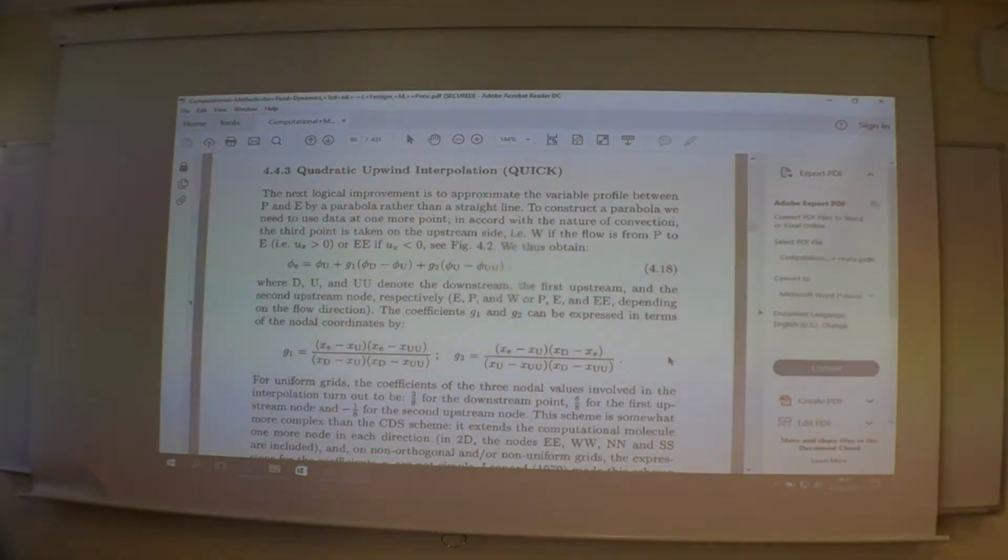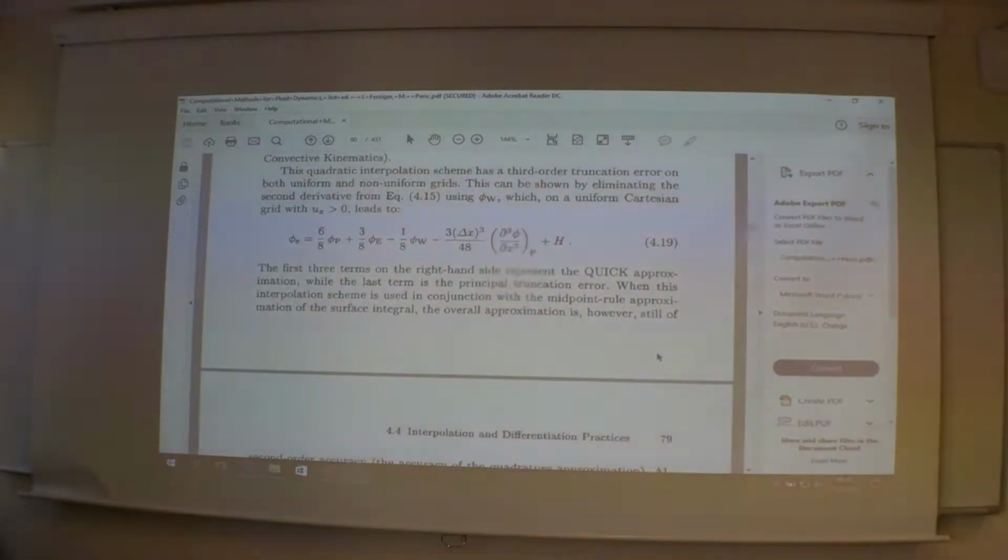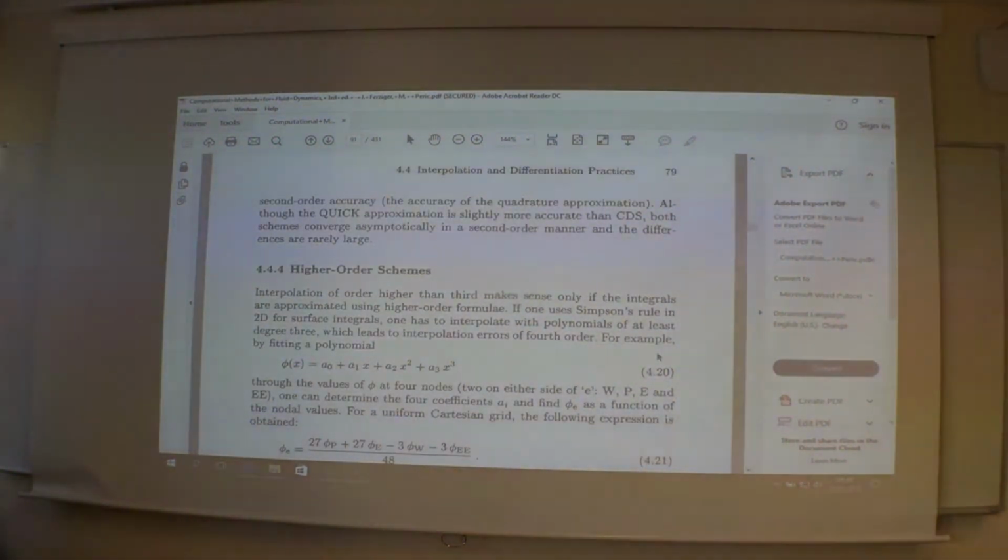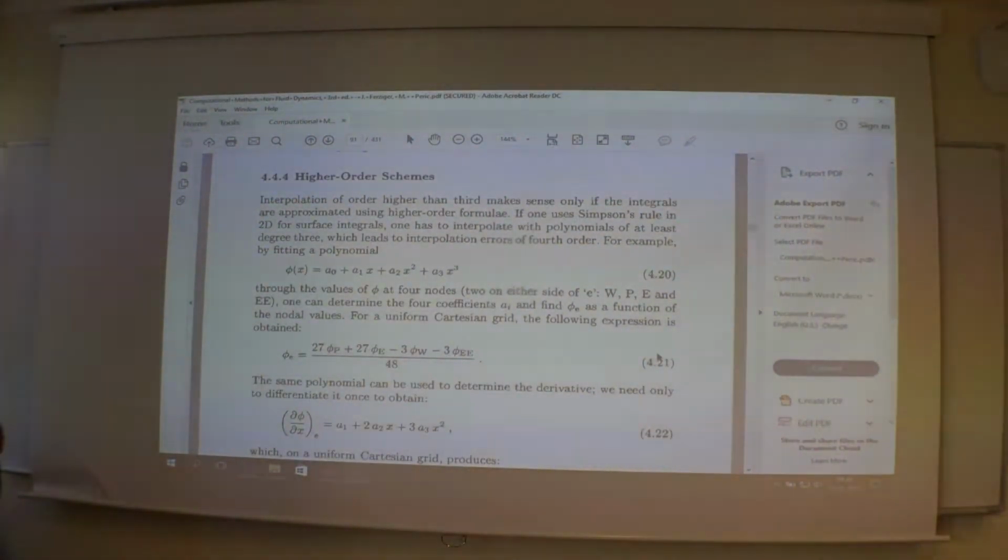Quadratic upwind, quite popular, but a little bit dangerous as well. You're using 3 points, so it should be second order accurate, but with this one also you risk getting some errors. Nowadays you find even higher order schemes, which is actually quite okay.